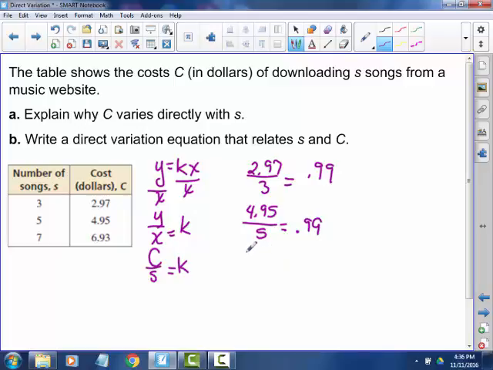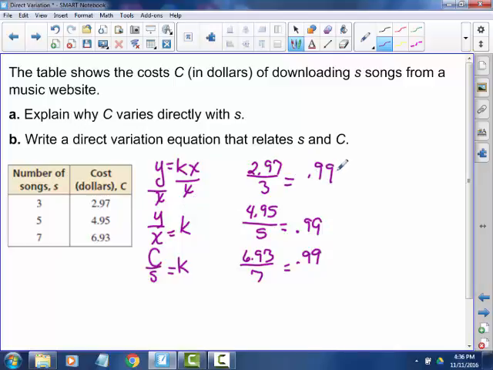Okay, and then 693 divided by 7. 7 goes into 69 9 times with 6 left over, so then 63 is 9 again. Okay, so we have the same value for the entire table of 0.99.